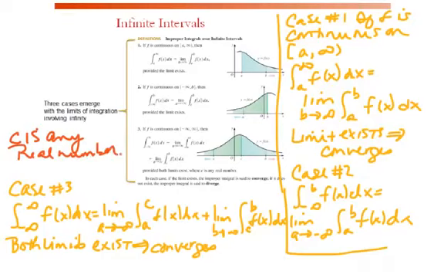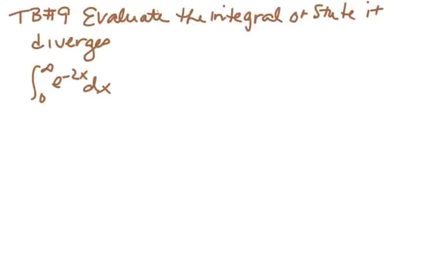Okay, so how do we put this into application? So let's do a problem. The application is textbook number 9. We're asked to evaluate the integral or state that it diverges. So one of those two cases is going to exist. Either it's going to converge to a value or it's going to diverge. Let's take a look at the integral.